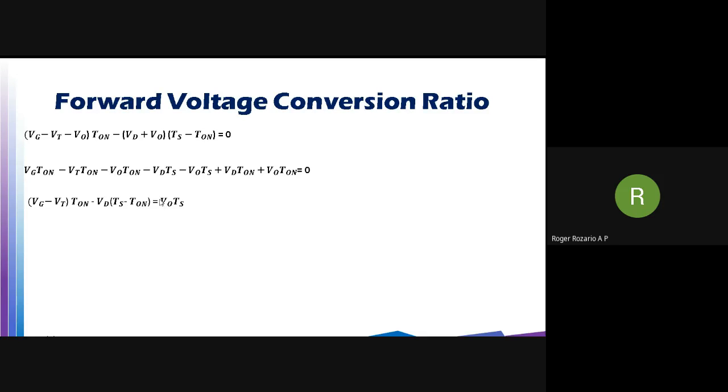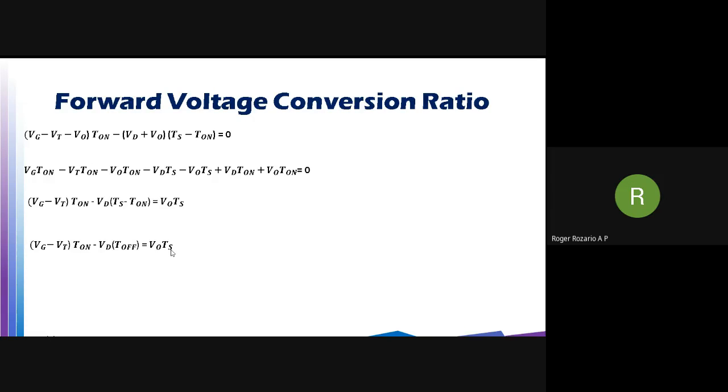And on the right hand side, I will take V0 into Ts. So Vg minus Vt into Ton minus Vd into Ts minus Ton, and Ts minus Ton is nothing but the off period, will be equal to V0 into Ts.